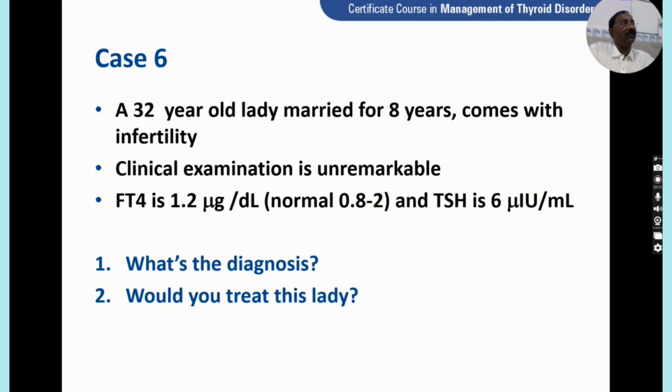Here one indication is infertility. You treat. Treating with which drug? Levothyroxine. How much? In subclinical, not 1.6, maybe half of the dose we start. So start with maybe 50 or 65.